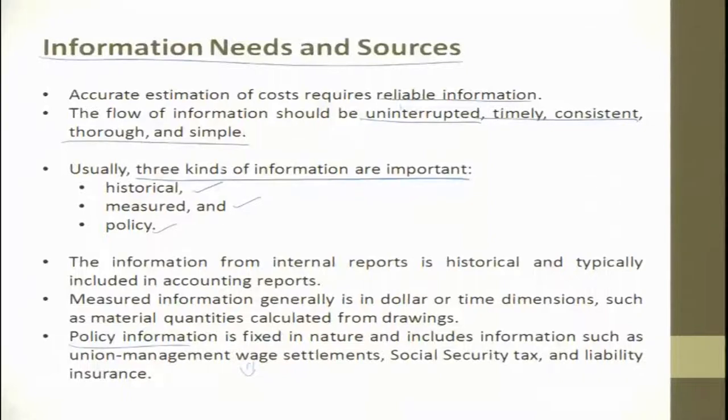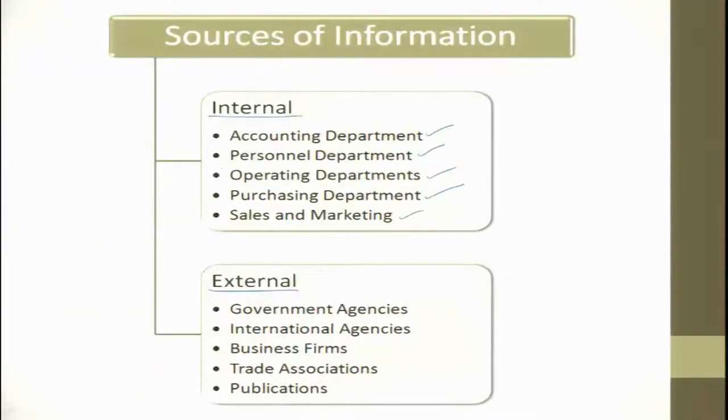When we talk about external sources, they are government agencies, international agencies, business firms, trade associations and publications. They are all external sources of information which are to be taken up when we decide the costing. Take a simple example of petrol or diesel today.